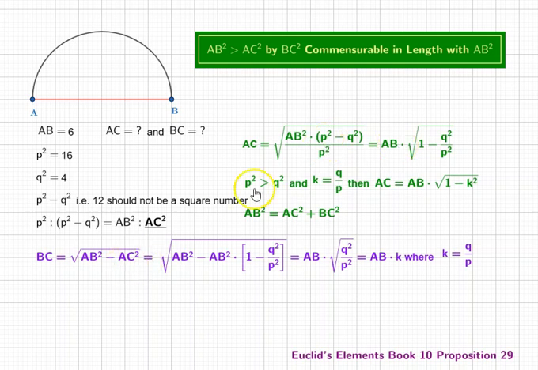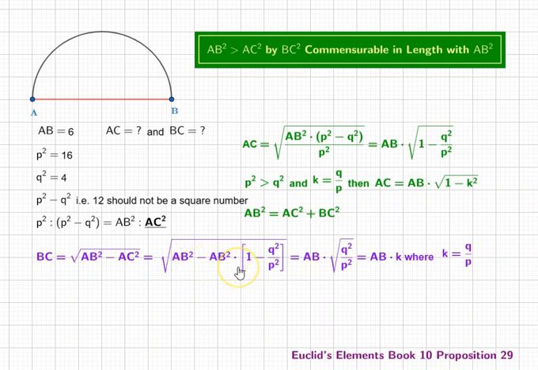Since we are talking of AC square, we get AB square times 1 minus q square by p square, as the square and the square root cancel. Now here AB square is common. So we take it out of the square root itself so that it becomes AB times square root of 1 minus 1 plus q square by p square.